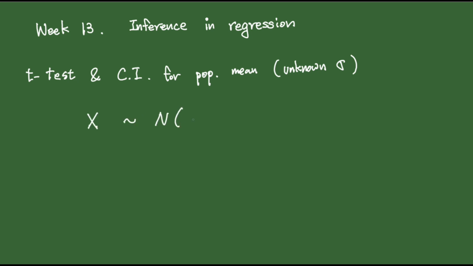First, we know that some random variable follows the normal distribution whose mean is the population mean mu and standard deviation is sigma.